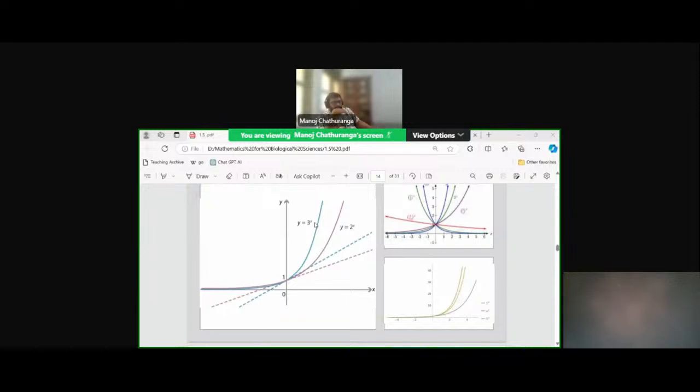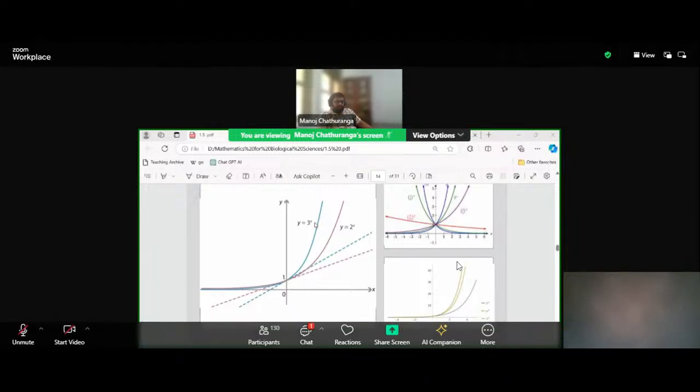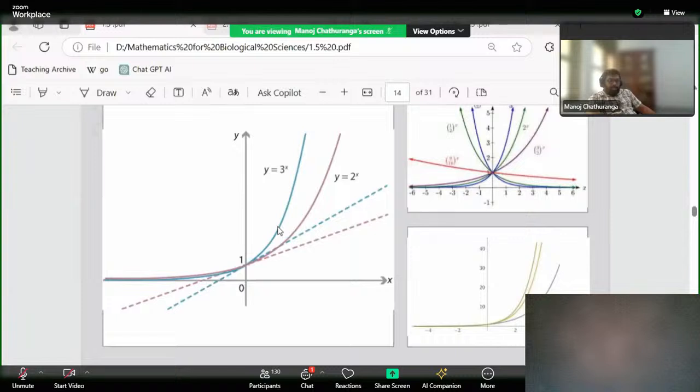For positive x values, 2 to the power x is smaller than 3 to the power x. But for negative values, it is the other way. Right? But both of them go through this special point (0, 1). Now imagine you are a very tiny ant on this point.